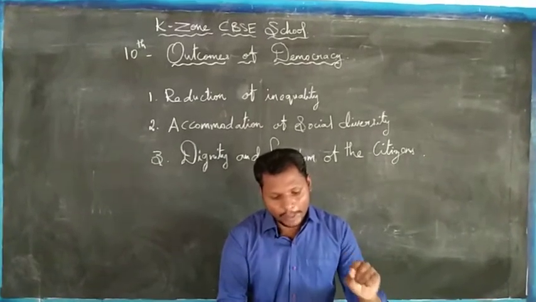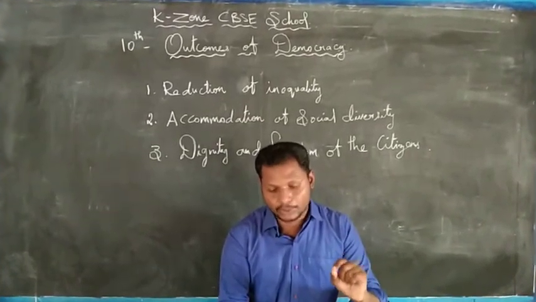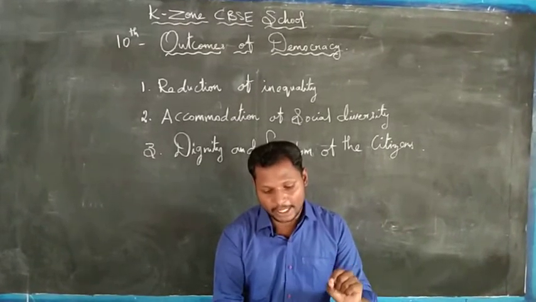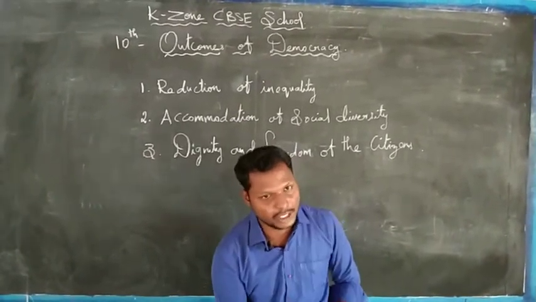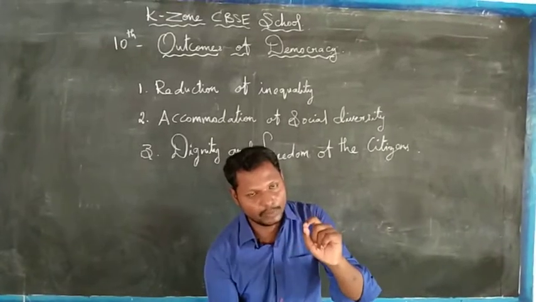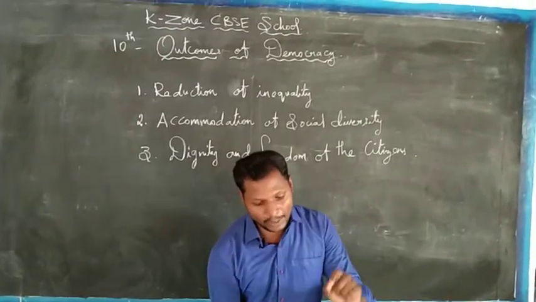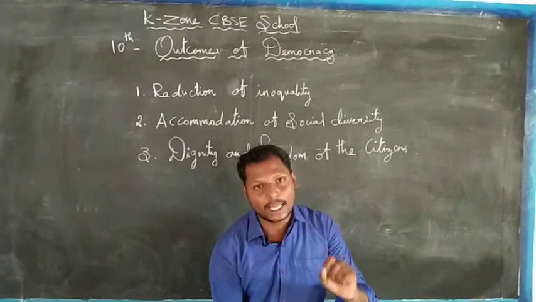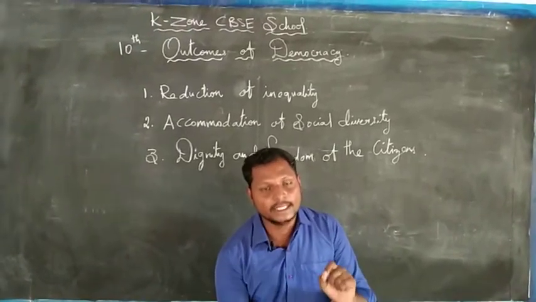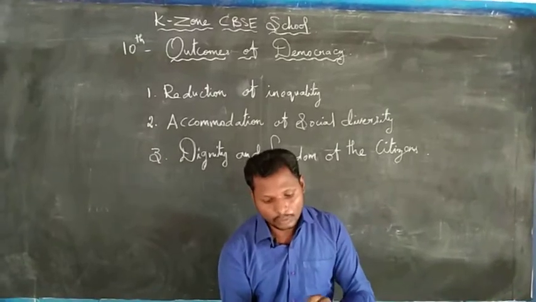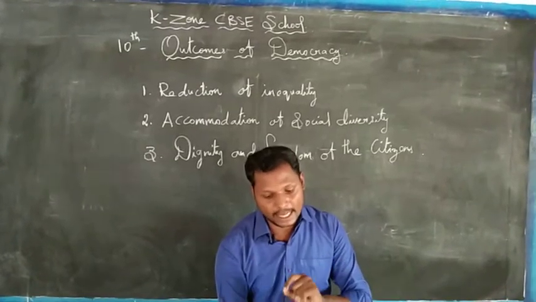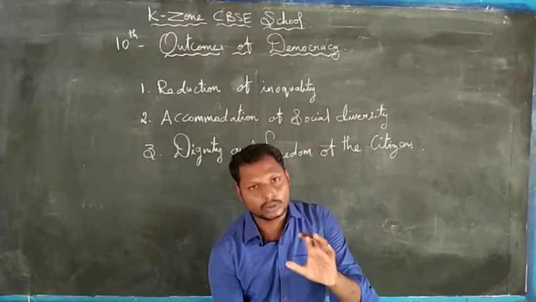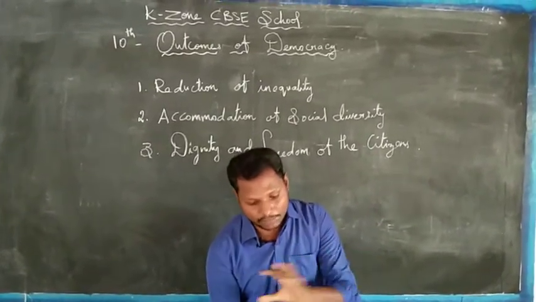The long struggle by women has created a sensitivity that respect and equal treatment of women are necessary ingredients of a democratic society. This is the first example. Likewise, democracy in India has strengthened the claim of the disadvantaged and discriminated castes to equal status and equal opportunities. We should strengthen these things.